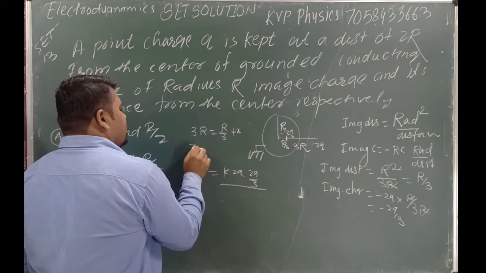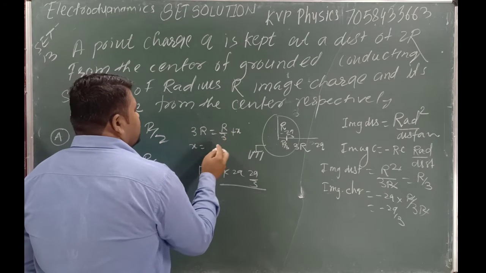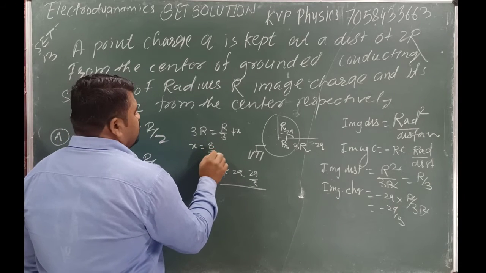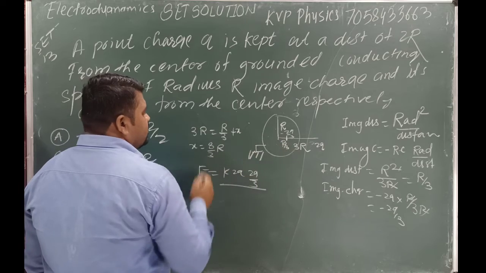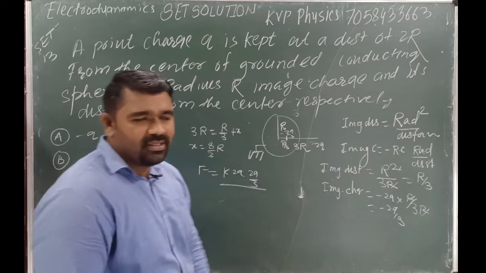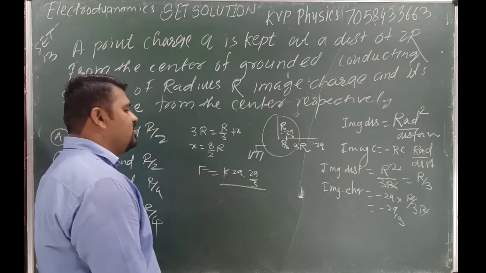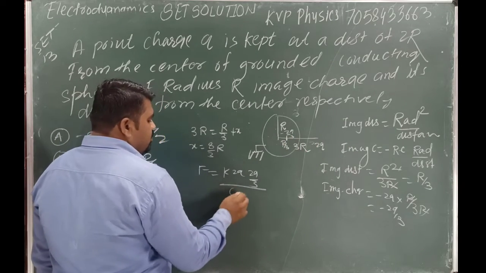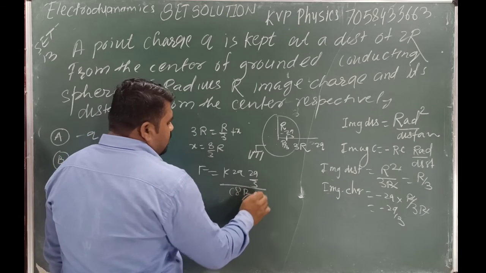Our aim is to find the distance x. 3r is 9r by 3, minus r by 3 is 8r by 3. Now add the image distance: 8r by 3 plus r by 3 is 9r by 3, which becomes 3r. Got it? Means the distance between them squared, what is the distance between them? 8r by 3, bracket squared.